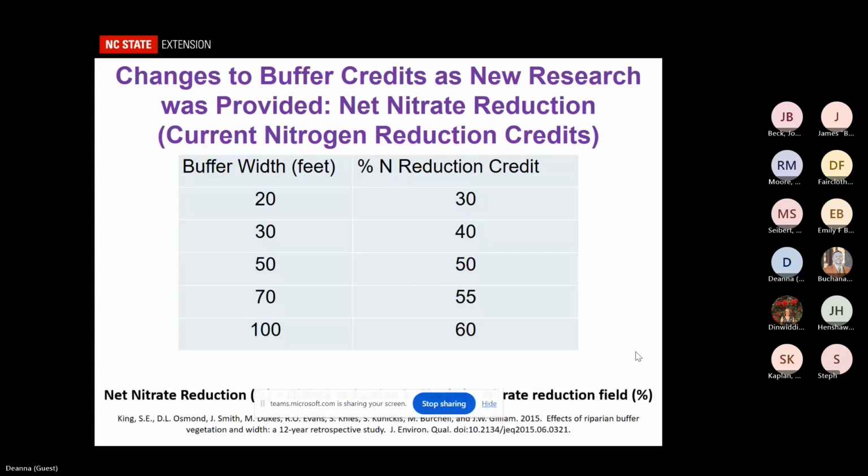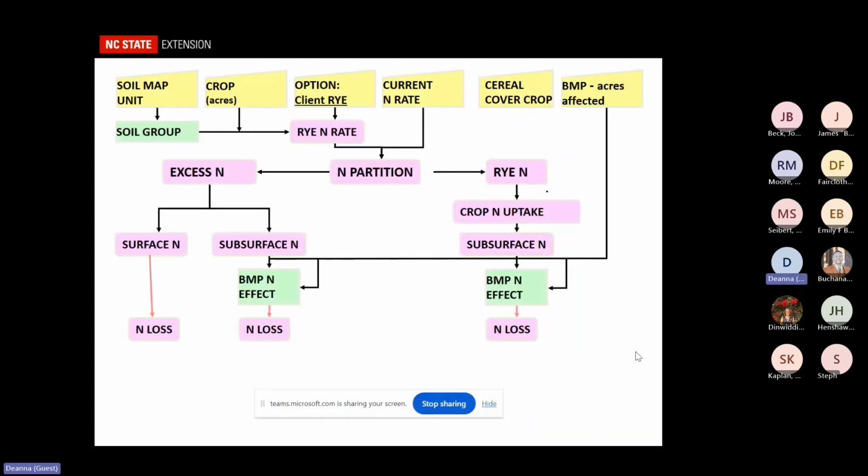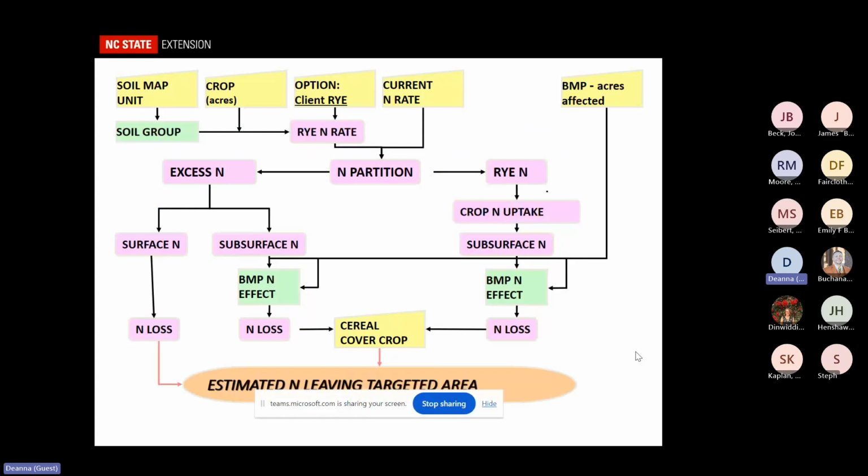And so let me just say that at that point, we still had subsurface losses from the BMPs because, again, they're not even 100% effective. And we decided that there could be an additional reduction based on cereal cover crop. And the amount that we gave cereal cover crop, we used data from Michael Wager. These aren't as solid as I would prefer, but they were all that we had at the time.